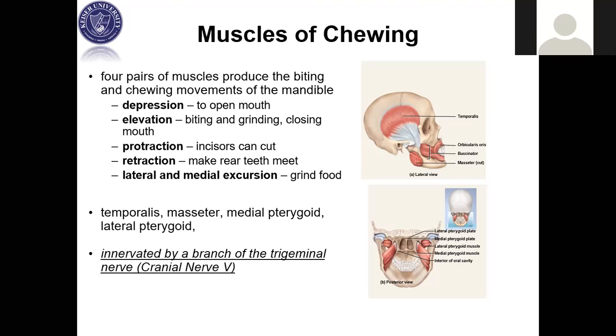In order to chew, we have 3 other movements. We have something known as protraction of the mandible. Protraction is where we bring the mandible forward. So if you were to just move your chin forward like that, I know it looks weird, but forward movement of the mandible is protraction, and that's where the incisors actually cut the food.